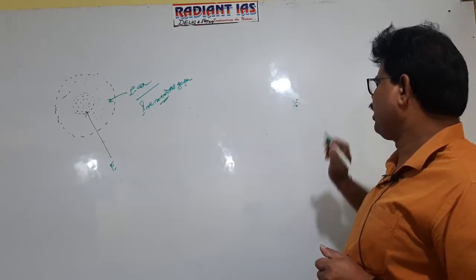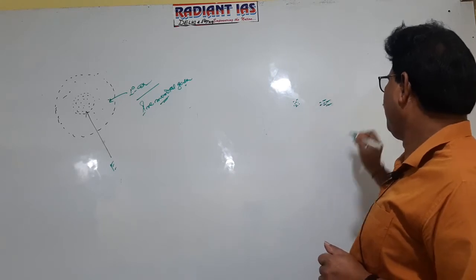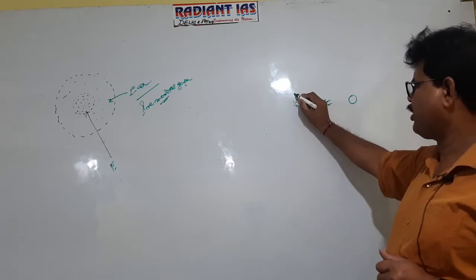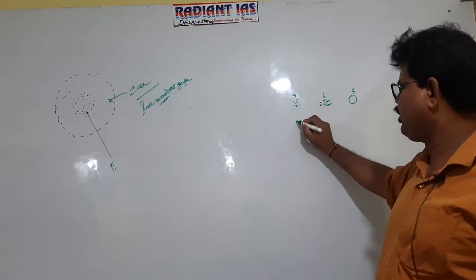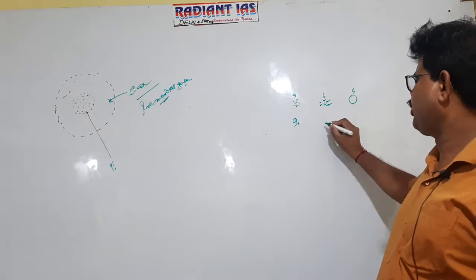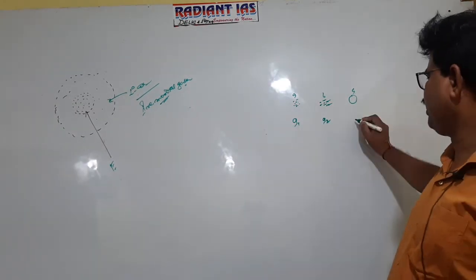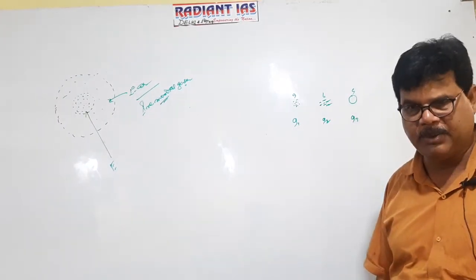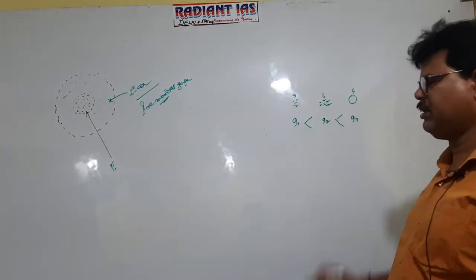Suppose any particular object remains in the gaseous form, or the liquid form, or the solid form. If G1 is the gravitational pull associated with the gaseous system, G2 with the liquid system, and G3 with the solid system, then G1 is less than G2, and G2 is less than G3.